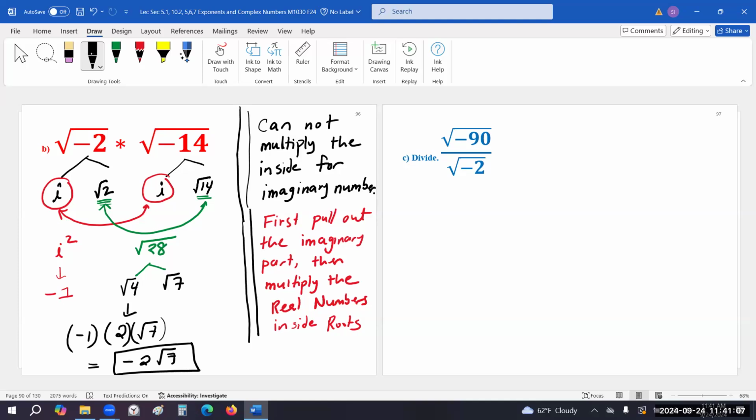But it's square root of 4. If you multiply it, what? All right, yeah. Okay. So for imaginary numbers, don't multiply the inside. First pull out the imaginary portion, and then you can multiply the inside.